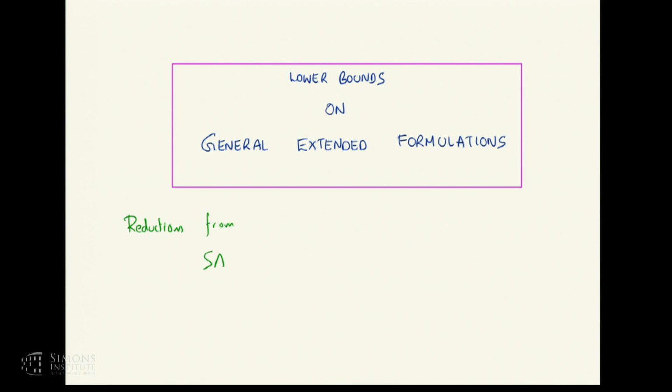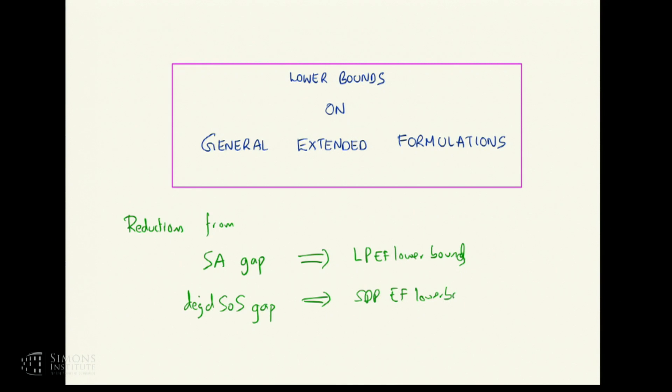If you take a Sherali-Adams gap for a CSP, or let's say max cut, you get an LP extended formulation lower bound. And if you take a sum of squares gap instance, you use that to construct an SDP extended formulation lower bound. And this is what we're trying to do now.